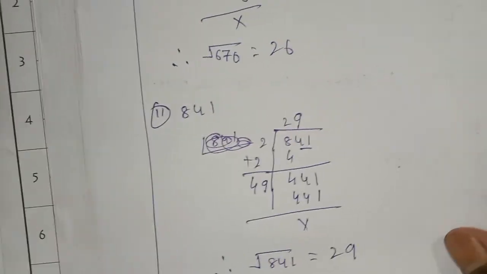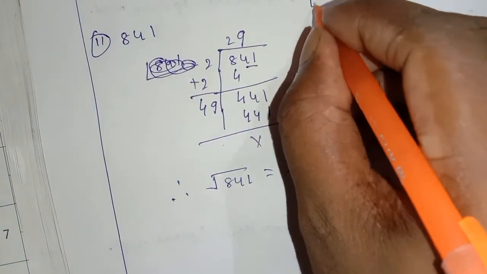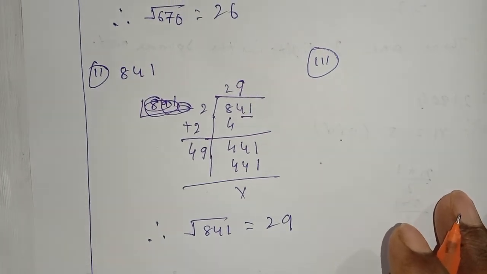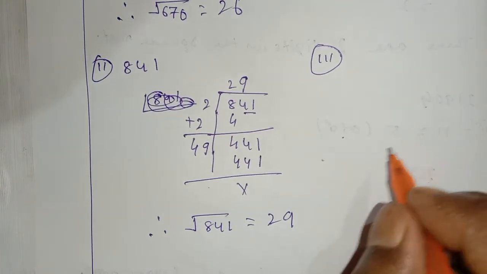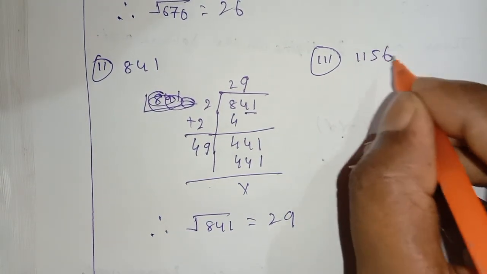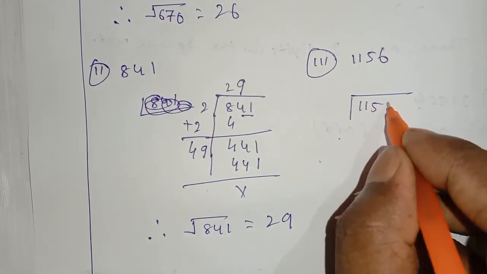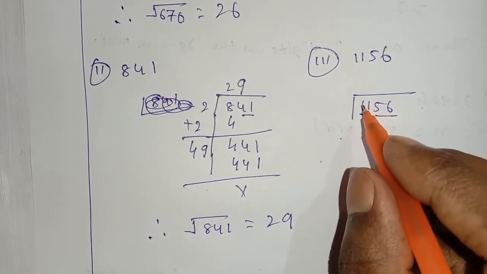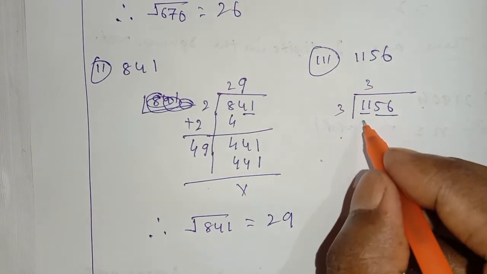Okay, now number 3. Here 1156 is given. If we divide 1156, taking two digits at a time, first we take 11. 11 contains 3 times, 3 3 is 9.